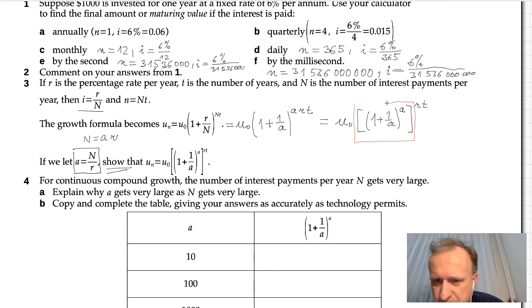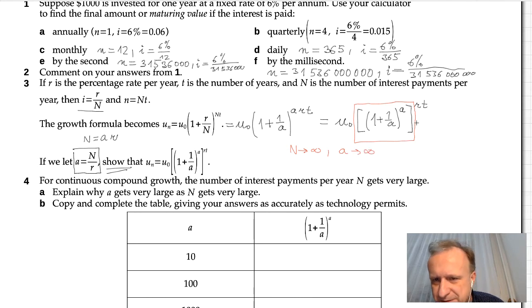This, what is in square brackets, depends on n. As I increase n and have the constant r, which is the percentage rate per year, say 6%, as n tends to infinity, then a has also to tend to infinity.